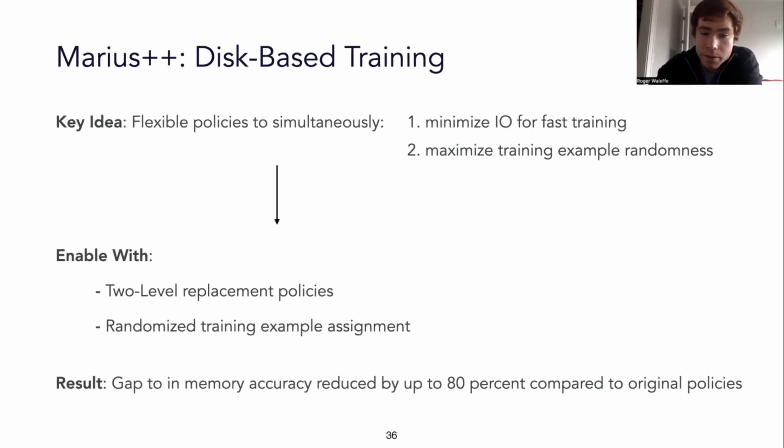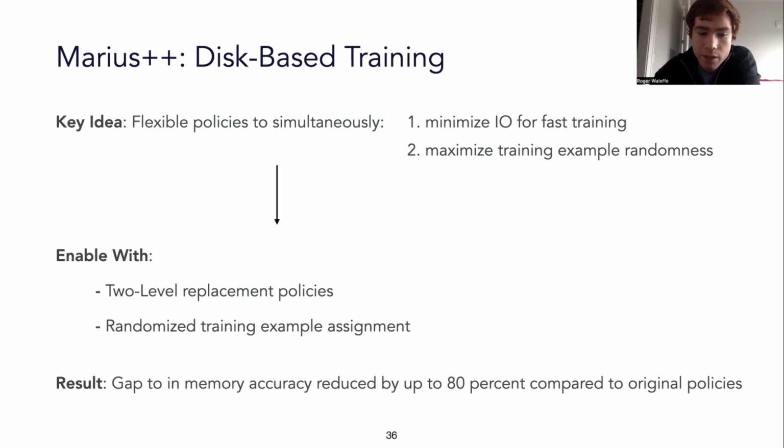So in Marius++, our key focus was on developing policies which had enough flexibility so that we could simultaneously minimize I/O for fast training, but also maximize the randomness in the order training examples are used to create mini batches. To do this, we developed new replacement policies for moving data between disk and CPU memory, which we call two-level replacement policies due to their use of physical and logical partitions.